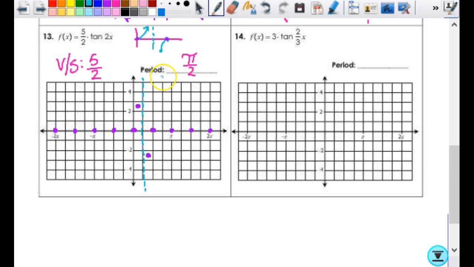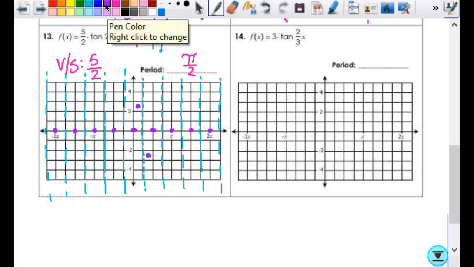And I also have an asymptote every pi-halves. Totally just put those in the wrong place.